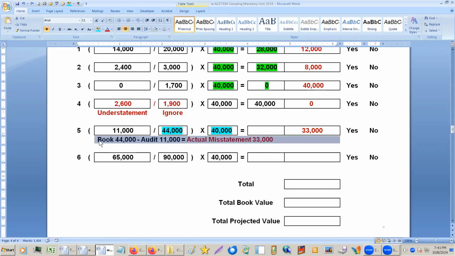Okay, so let's see, the book value is 90,000 on this one. The audit amount is 65,000. So the actual misstatement is, what is that? 25,000? I'm going to check that. Yeah, I think it's 25,000. So this will be 25,000.